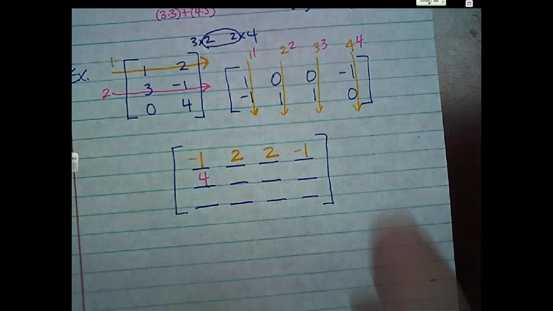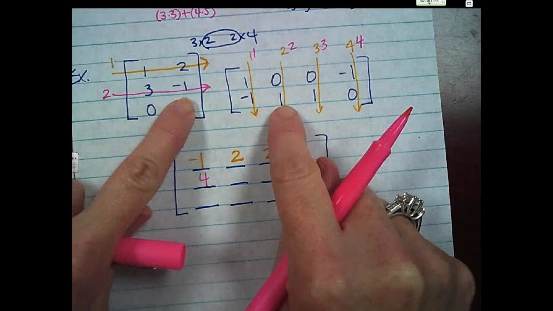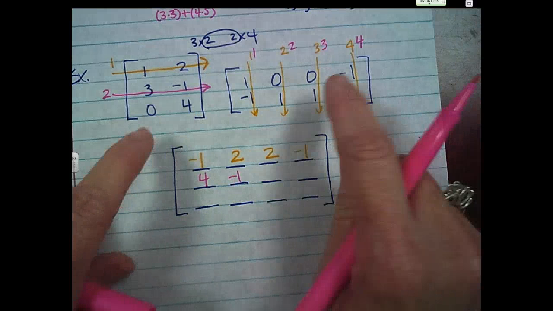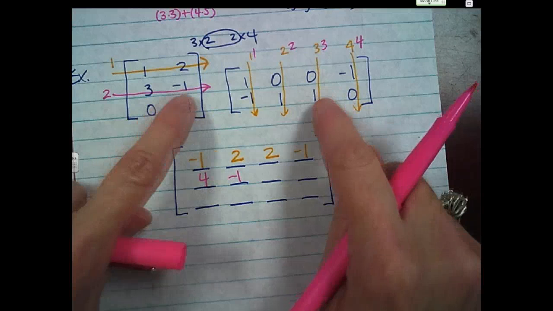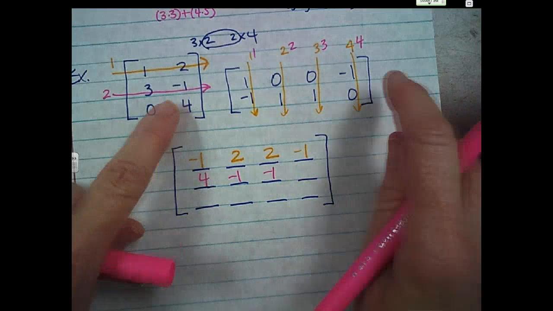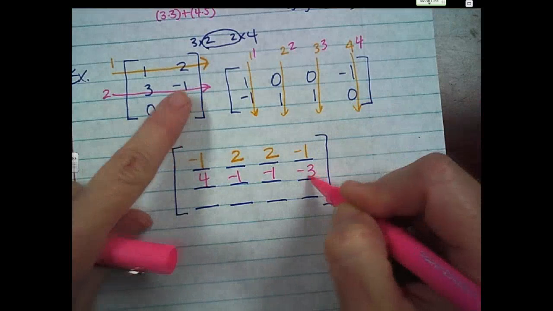Start at the second column. 0 plus -1 is -1. Third, 0 plus -1 is -1 again. Fourth column, -3 plus 0 is -3.